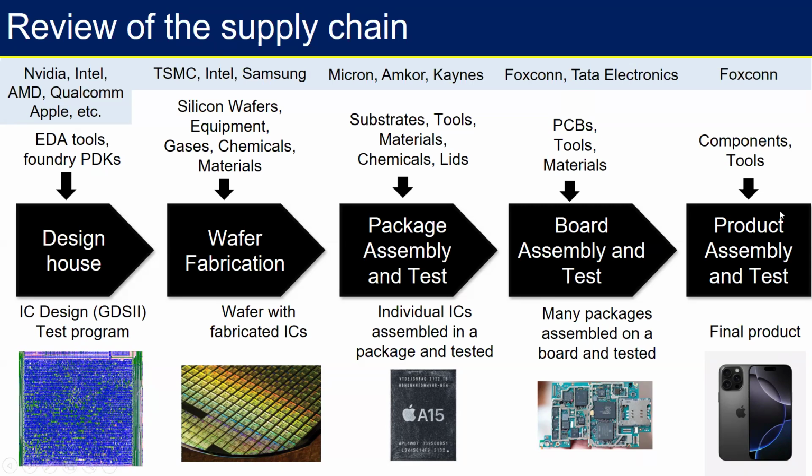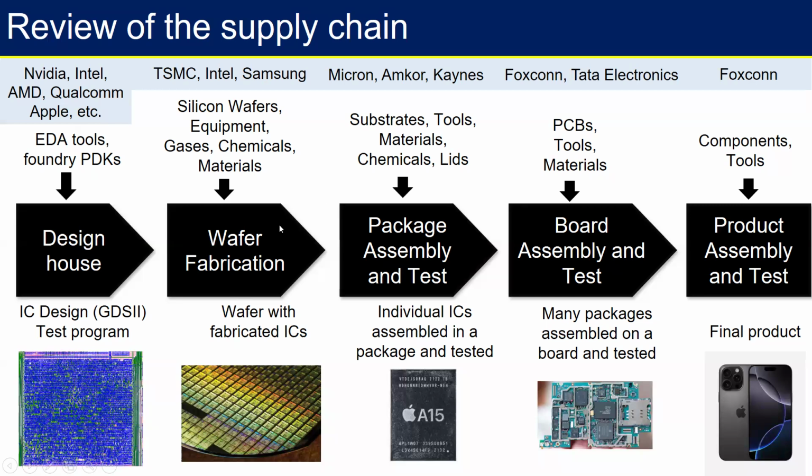Now if you are going to build a final product, the main thing common across all of this, except the design, is that you need materials. When you are doing wafer fabrication, you need silicon wafers, and silicon wafer is not the only material. There are other materials which we are going to see in this particular video, what different materials are there to manufacture a chip itself.